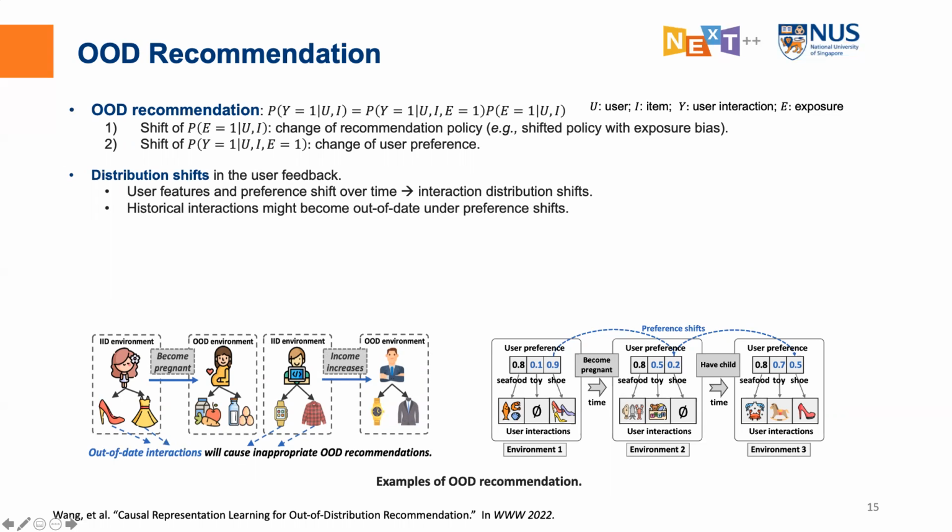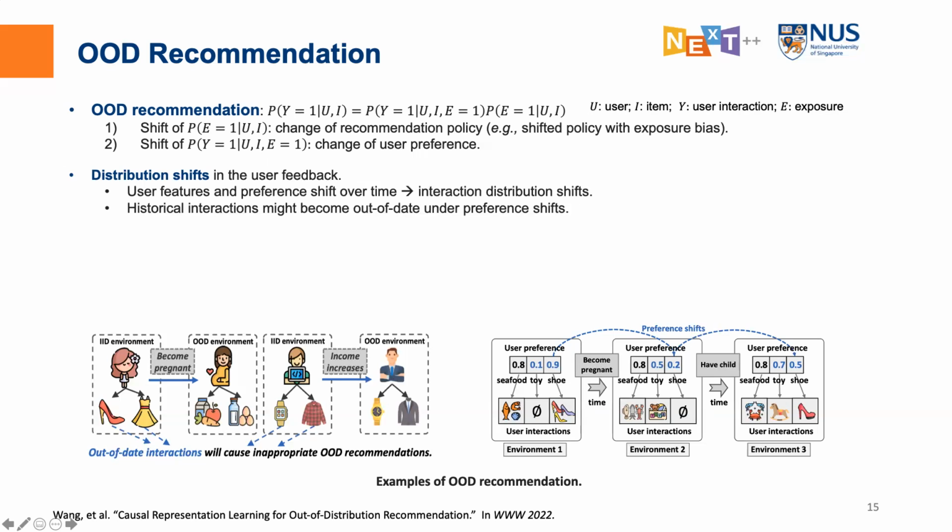This is the objective of many recommender models, and this interaction process is decided by two factors. One is whether this item is exposed to this user, and the other is, if the item is exposed, whether this user will like it. Only if the item is exposed and the user likes it will the user interact and give positive feedback.